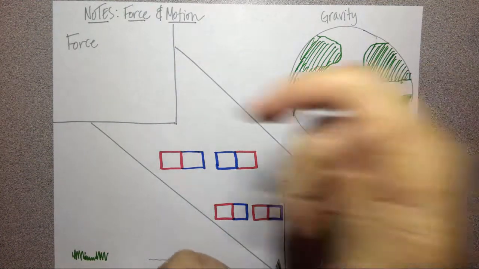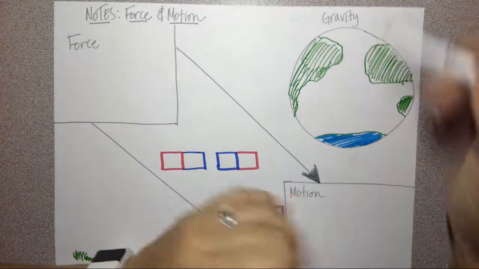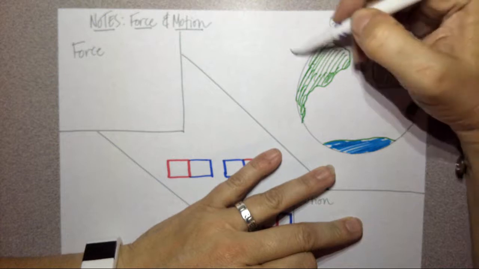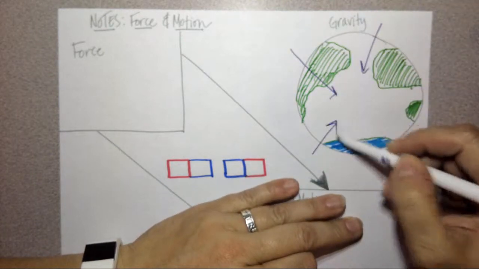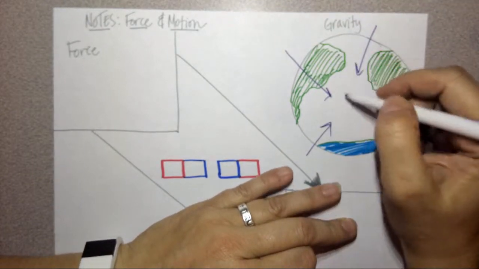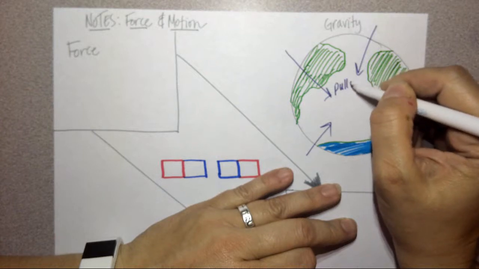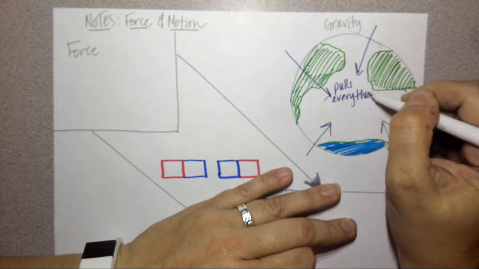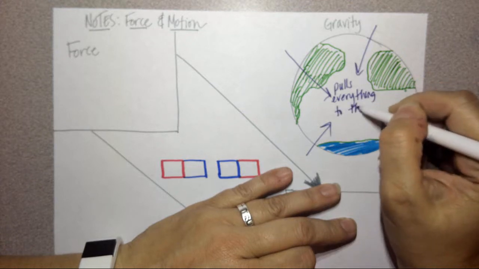All right. So, what happens is gravity is that force from the earth that pulls everything to the center.